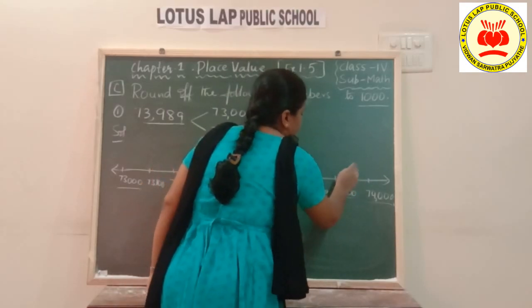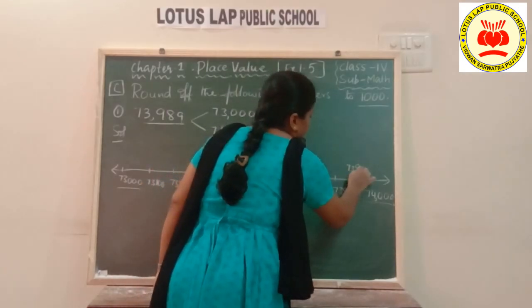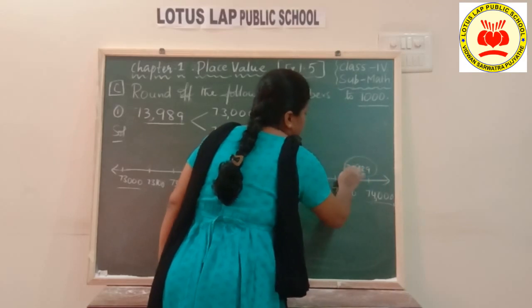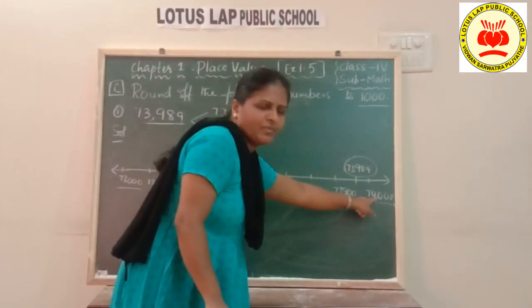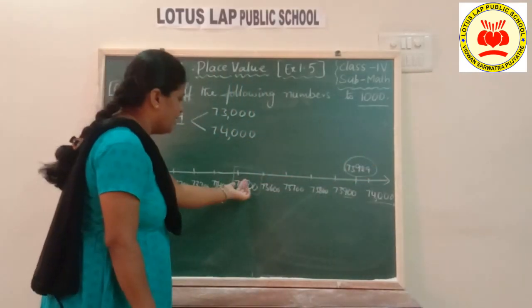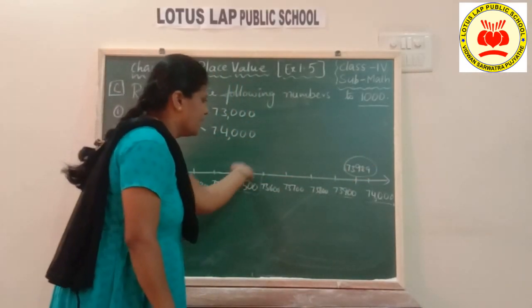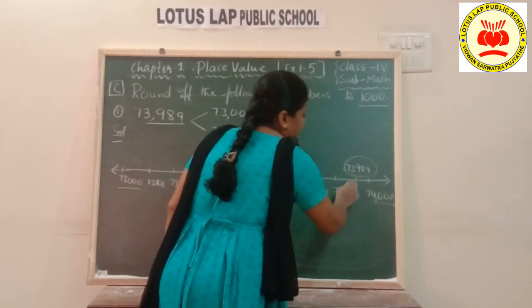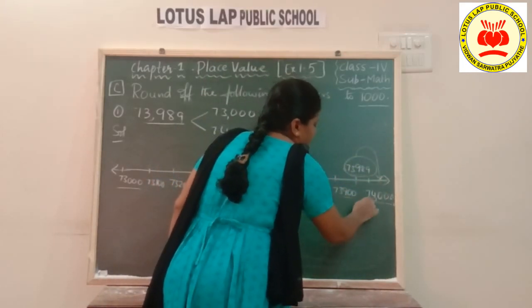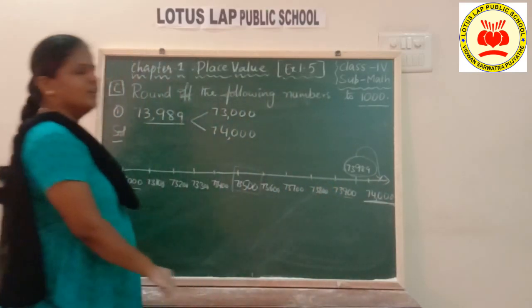Somewhere around here is 73,989. This is the number. Now it is obvious that it is closer to this one only, and as I said, the numbers starting from the middle and above are always rounded off to this. So 73,989 is rounded off to 74,000, children.